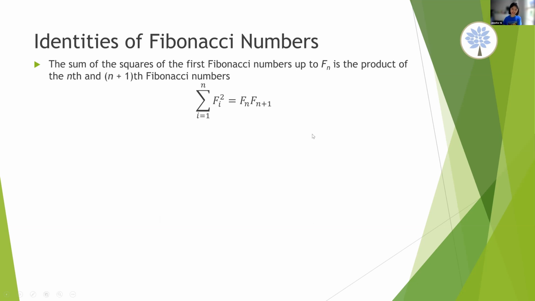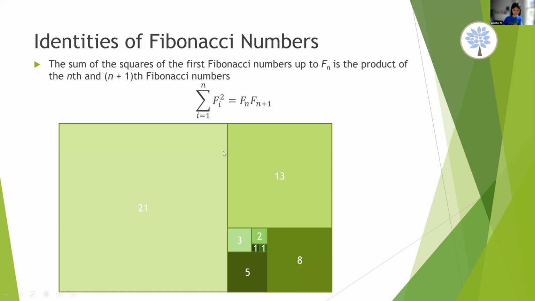An identity that has a beautiful visual proof is that the sum of the squares of the first Fibonacci numbers up to Fn is the product of the nth and n plus first Fibonacci numbers. So here we take a side length of the Fibonacci rectangle, say Fn. Let's choose in this case 21.